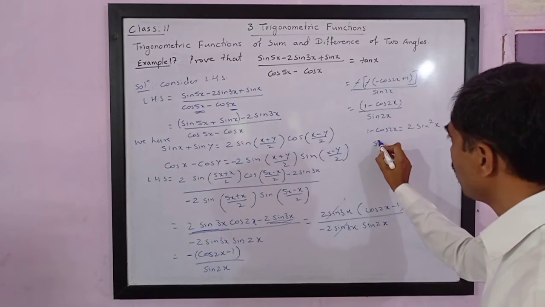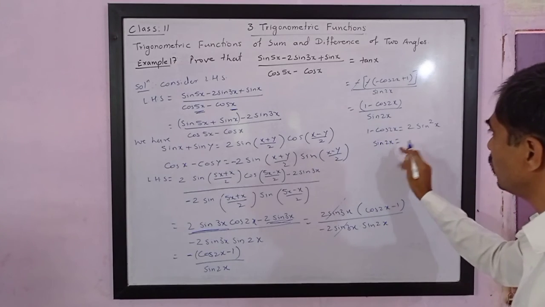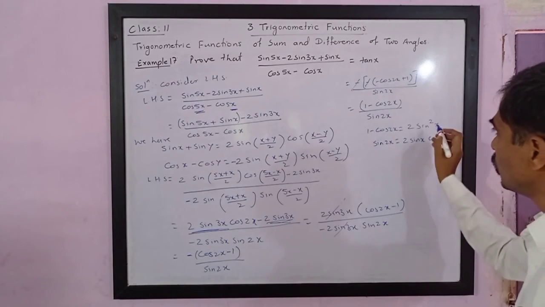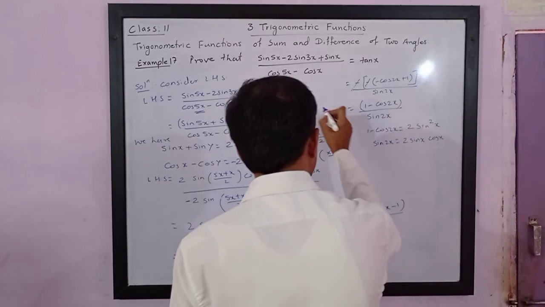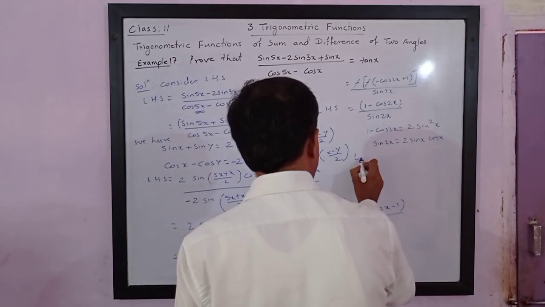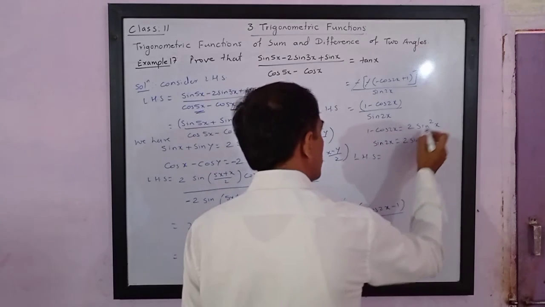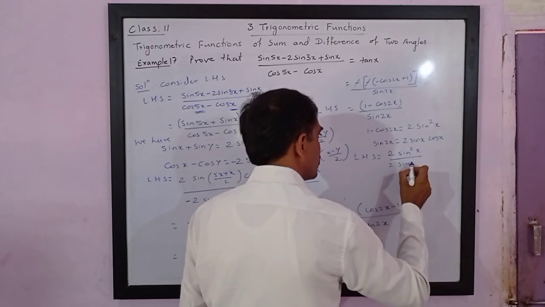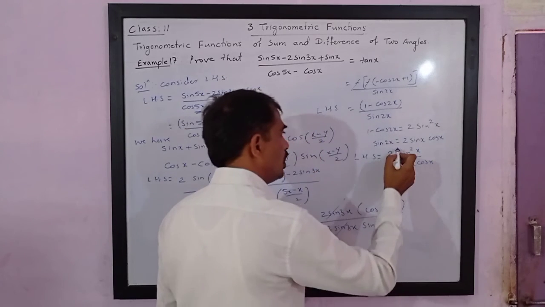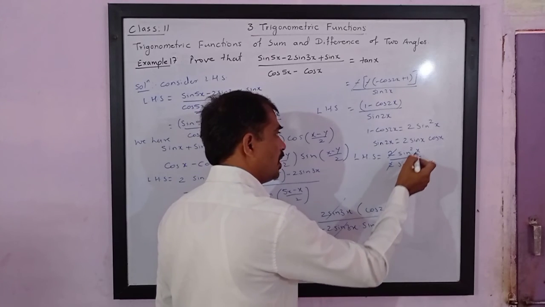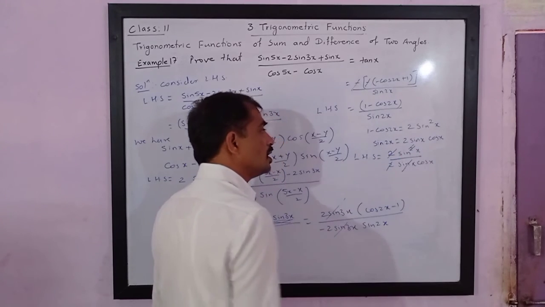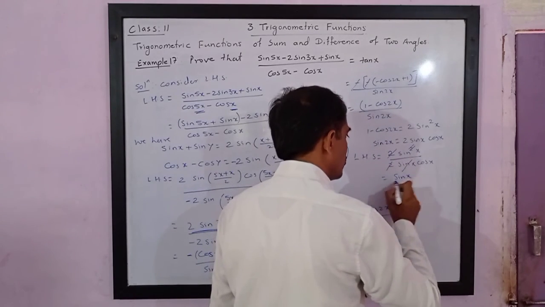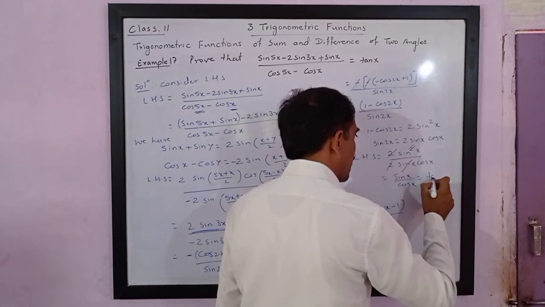And for sin 2x we have the identity sin 2 theta is 2 sin theta cos theta, that is 2 sin x cos x. Thus LHS is 2 sin square x upon 2 sin x cos x. 2 eliminates with 2, and one sin x from the numerator cancels with the denominator, only sin x upon cos x is left, that means tan x.